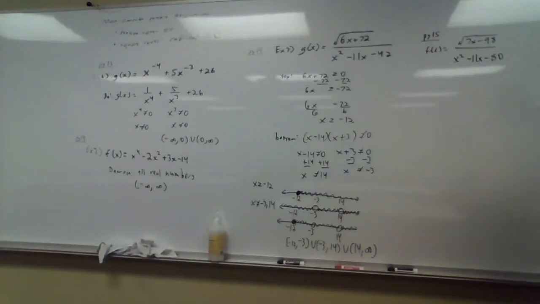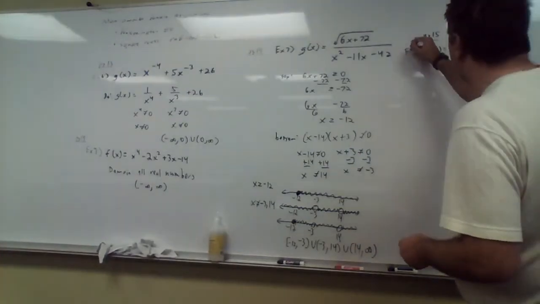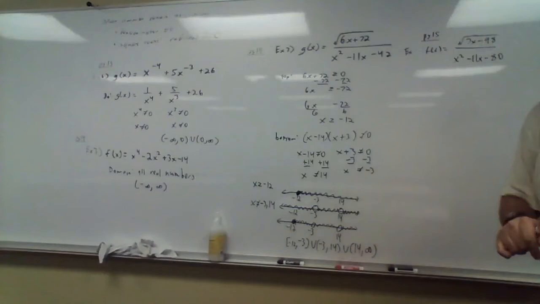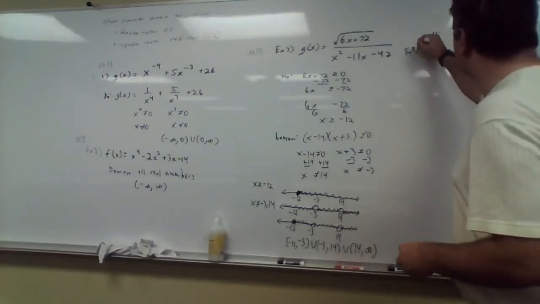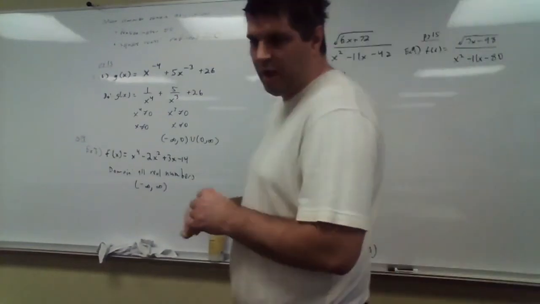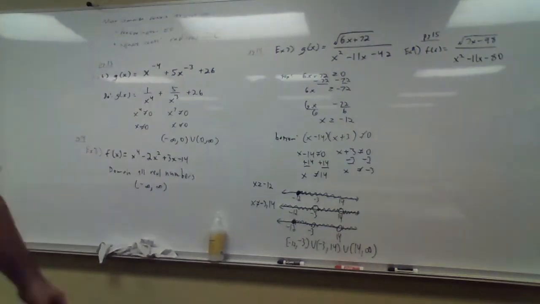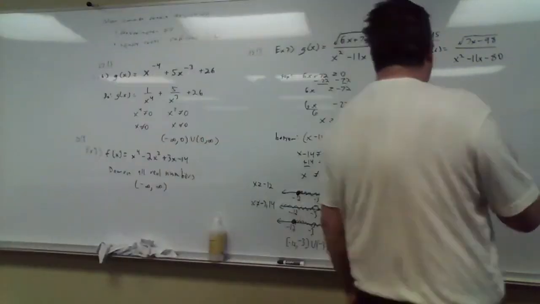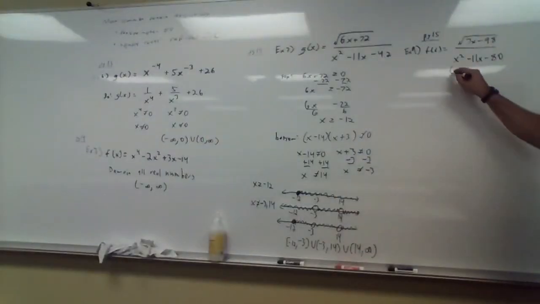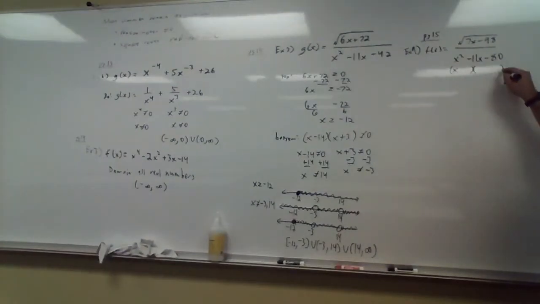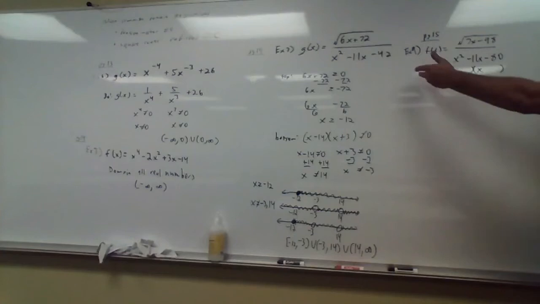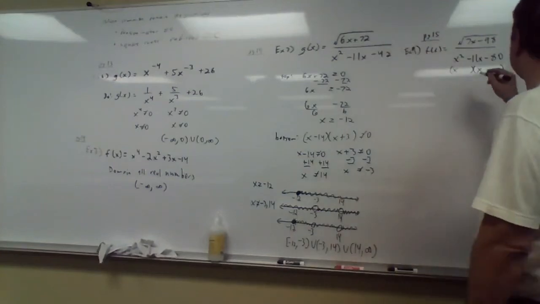Page 15. This is example, what was it? It was example 9, I believe. Okay, example 9. We're going to go ahead and deal with the same issues here. This is equivalent to x and x. I suppose I could have factored this first as well, but I won't do that.